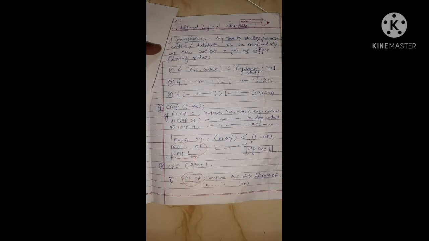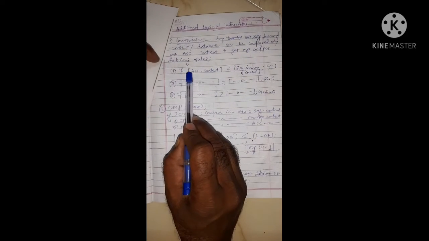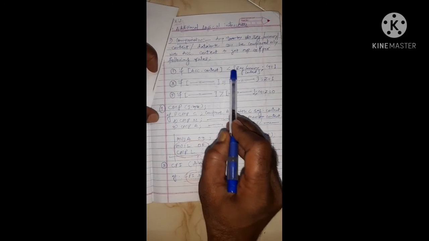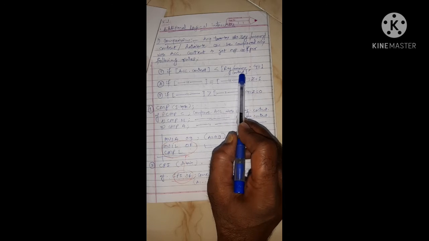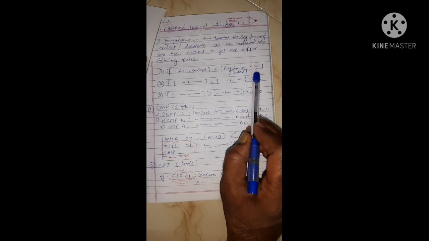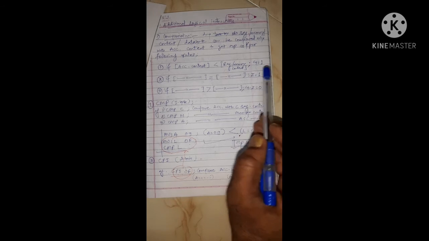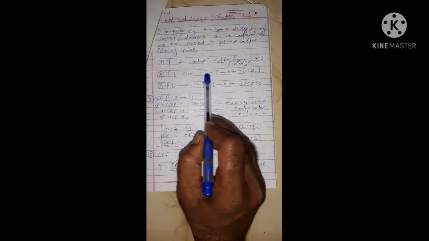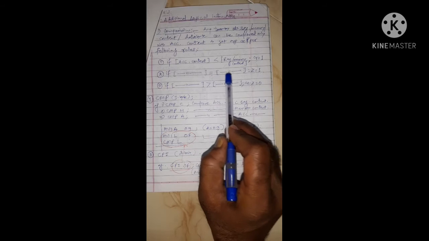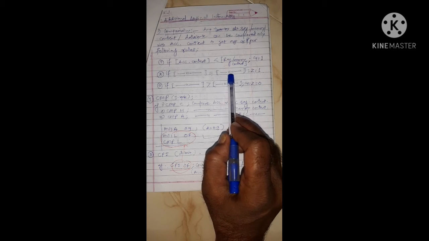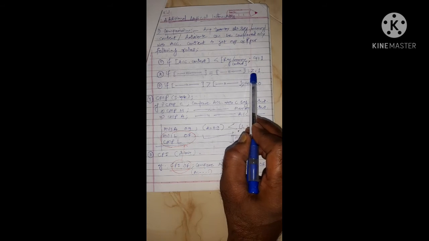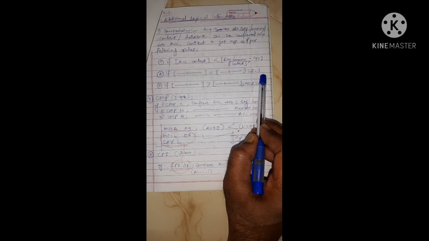First rule is, if accumulator content is less than a register or memory content, that time CY will be 1. CY means carry flag will be in set condition. If accumulator content is equal with register or memory content, that time Z will become 1, zero flag becomes 1.